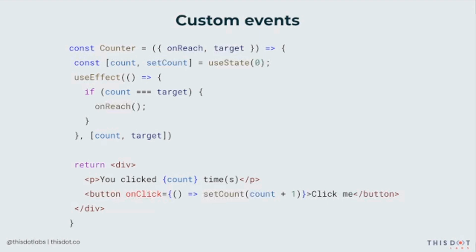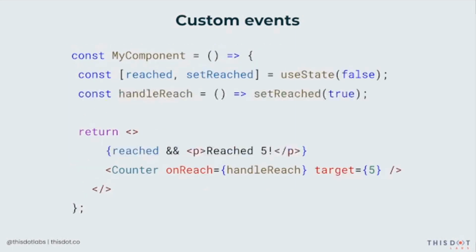It will call the use effect. 1 doesn't equal 5, so we're not calling onReach. And we can continue doing this. So if you click again, it will say you clicked 2 times, count still doesn't match target, up till the count of 5, in which case it will say you clicked 5 times, count actually does equal target. So we call the onReach function that we passed here, which is handle reach. Handle reach in turn sets reached to true.